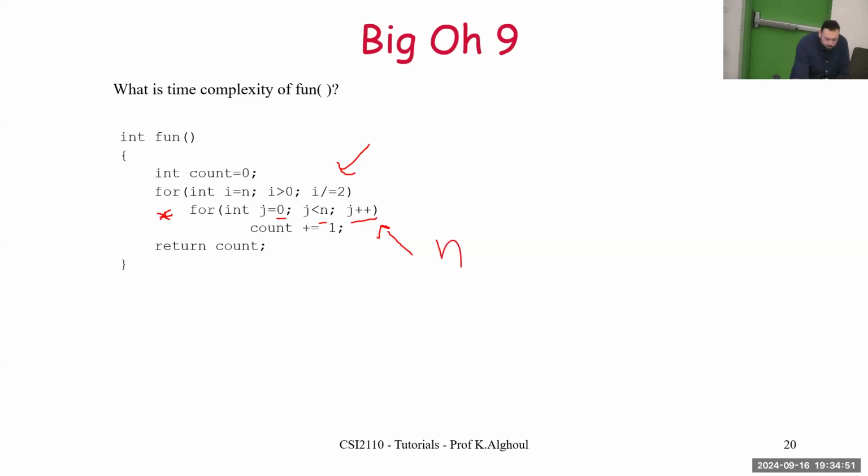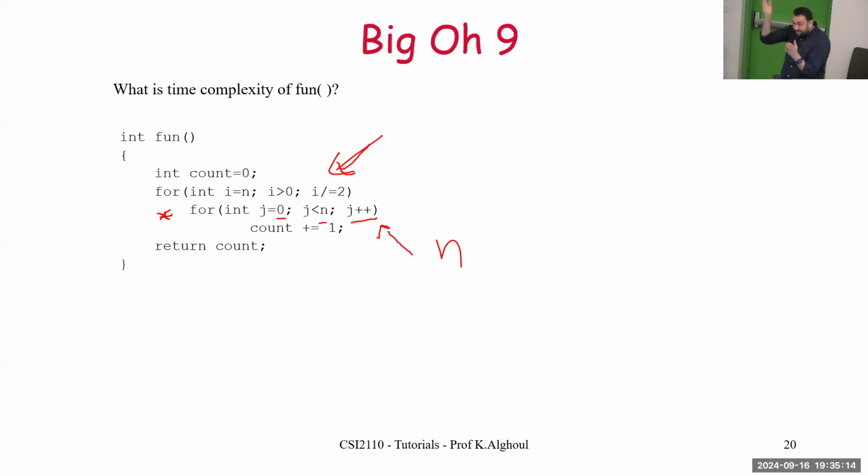Now, this one, I'm going from n to 0. So I'm just going backward. I'm starting with n, going towards 0. How am I going? Is it linear? Is it -1, -1, -1?